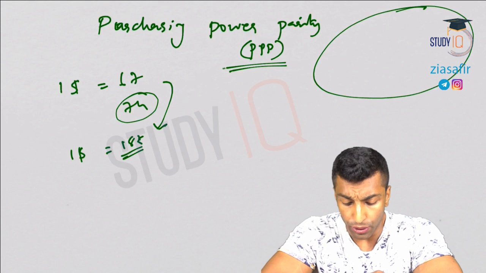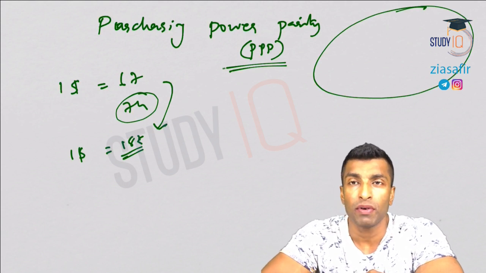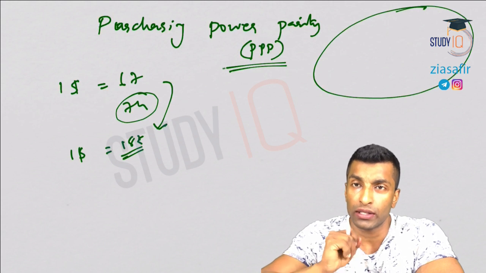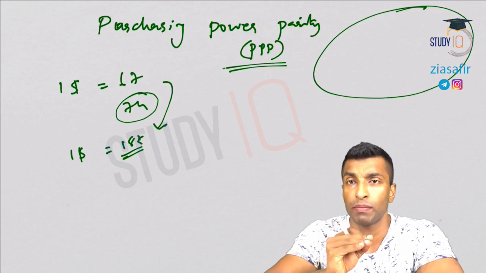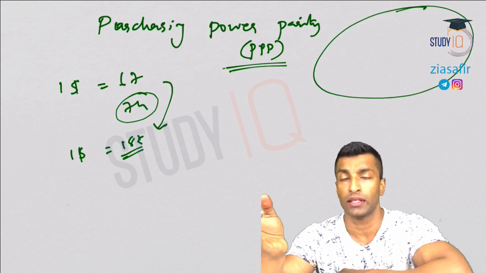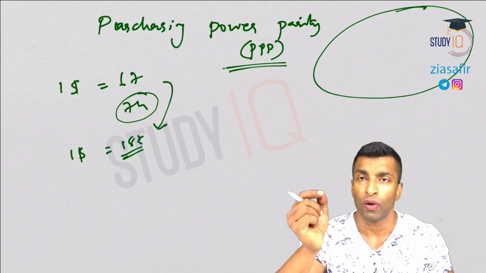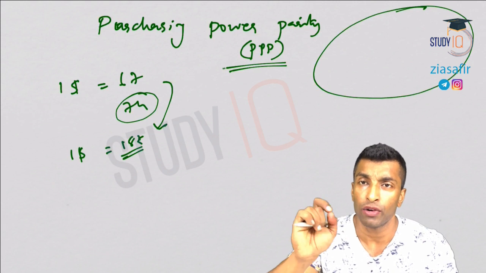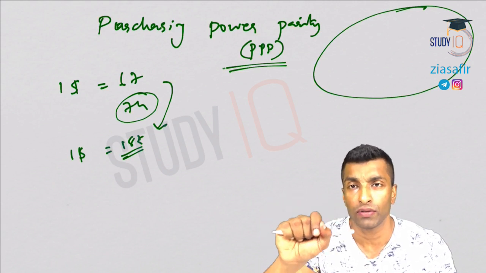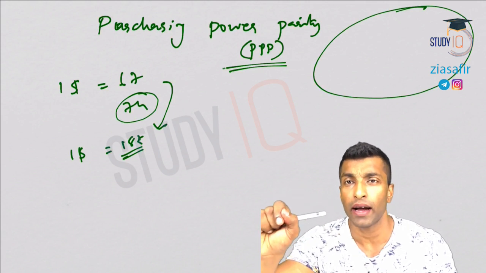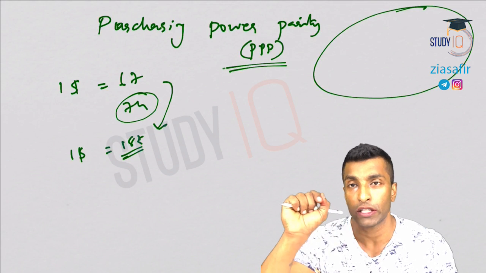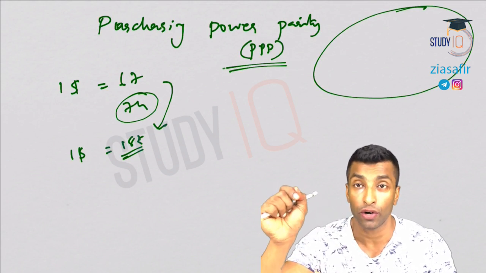But when it comes to purchasing power parity, that will give you the real worth of the dollar. It's the purchasing power of the rupee in India and the purchasing power of the dollar in the US. In simple language, if you spend $1 in the US, what all items can you buy with that $1?